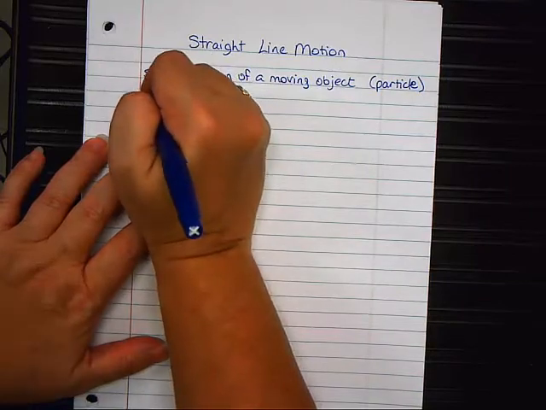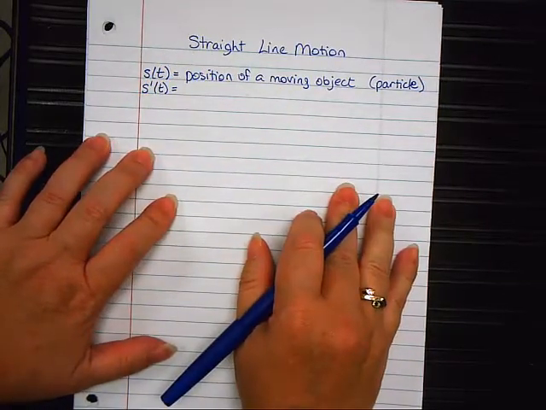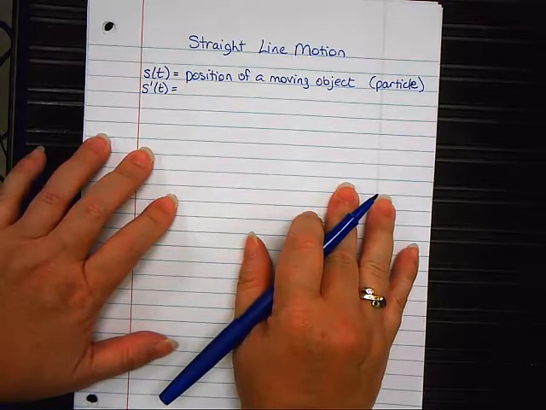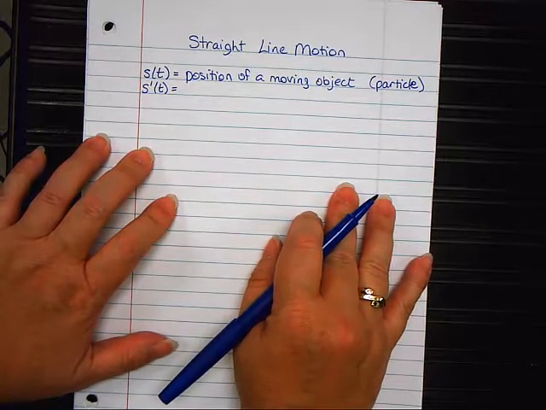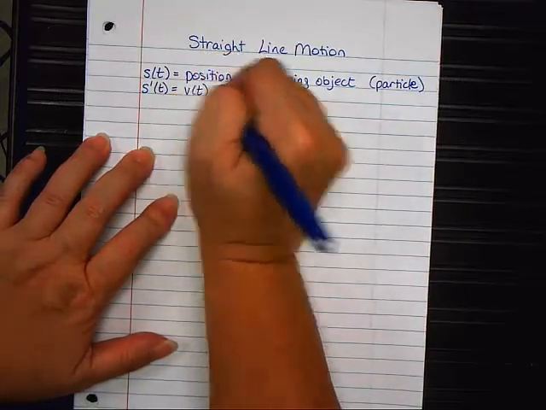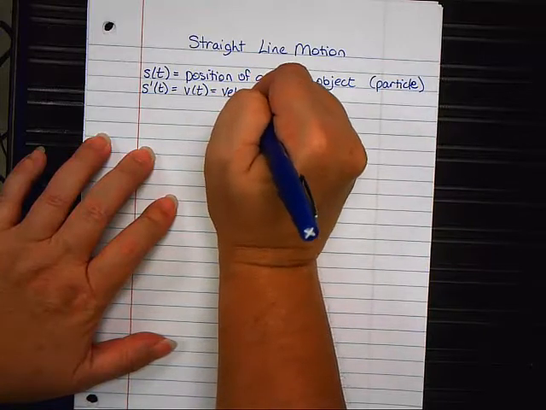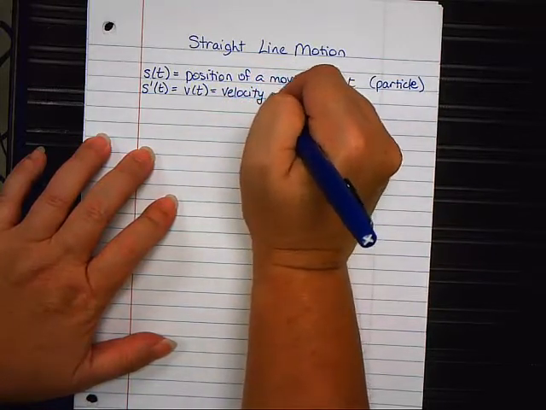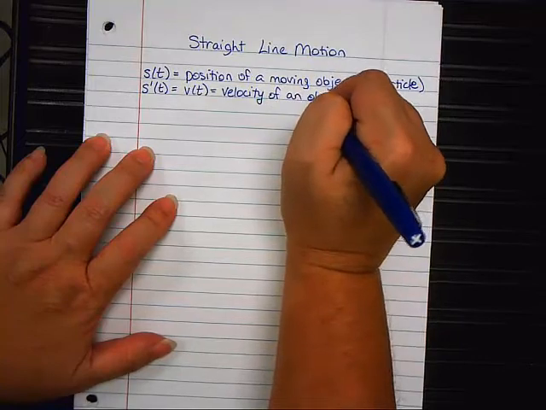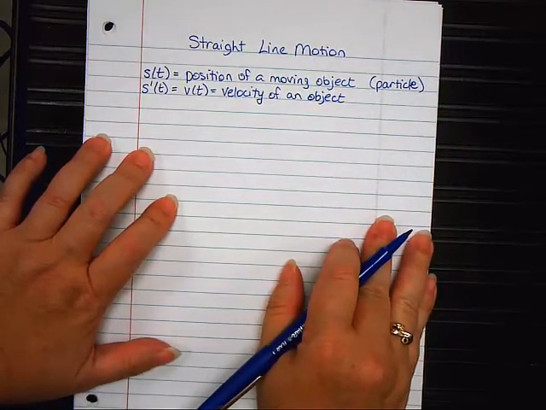Okay, now, if you take the derivative of position, that means the rate of change of the position of something, and what is the physics term for that? Velocity. S prime of t is the same thing as v of t, which is the velocity of an object. Okay? You tell me, can velocity be negative?